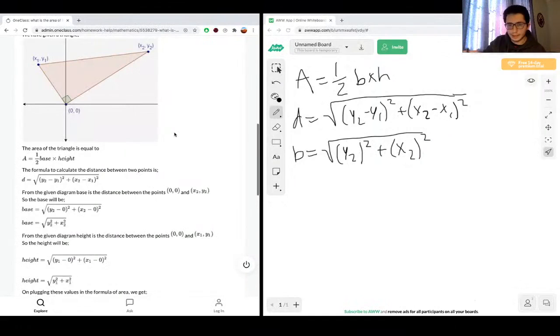The next step is we want to find the height of the triangle. So now we want to find this side of the triangle. So we do the same process to get that. So without writing it all out, we know that for the height, this value is y1, and this value is 0.